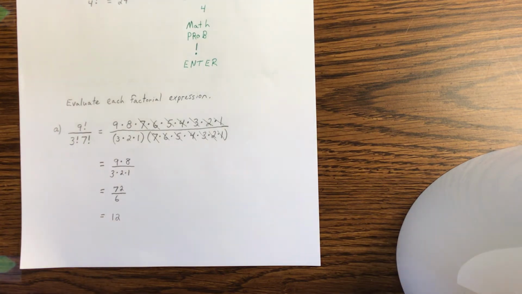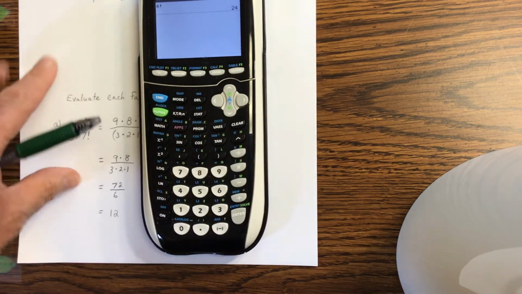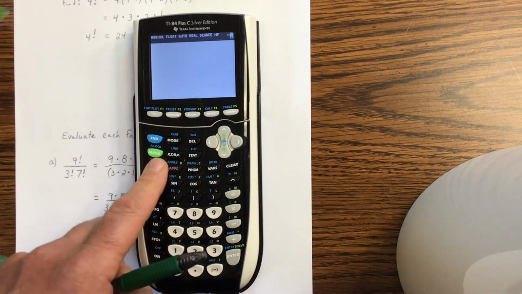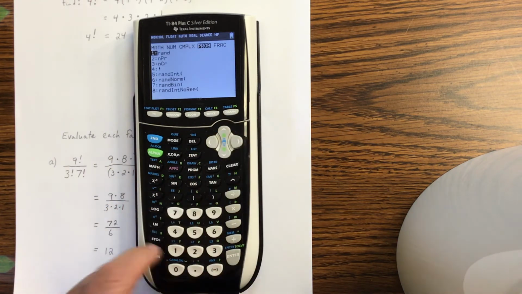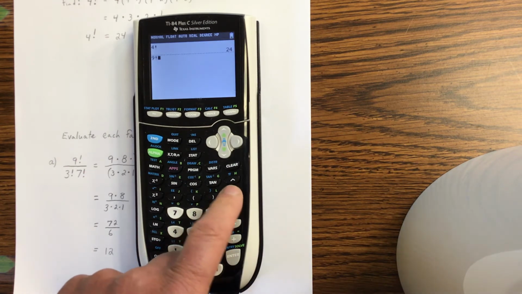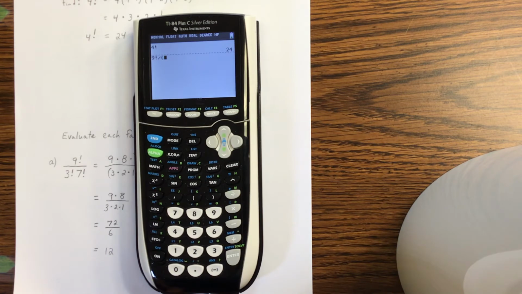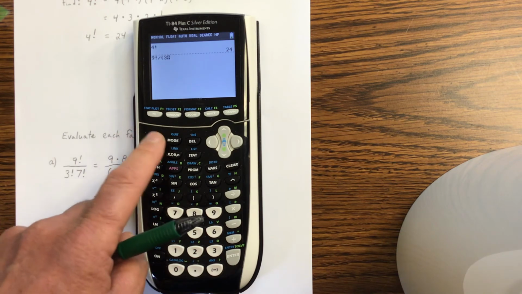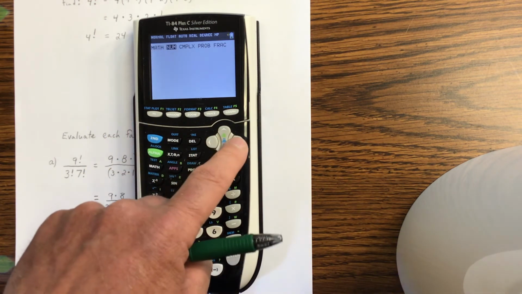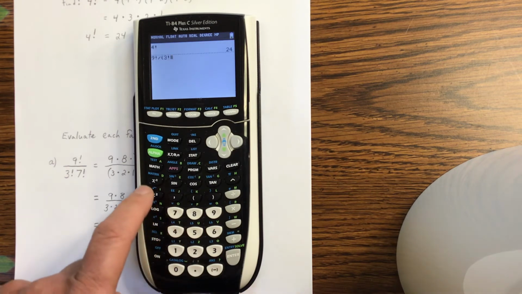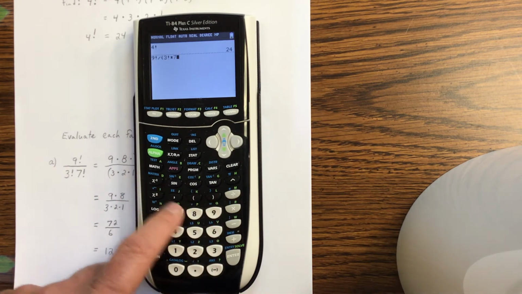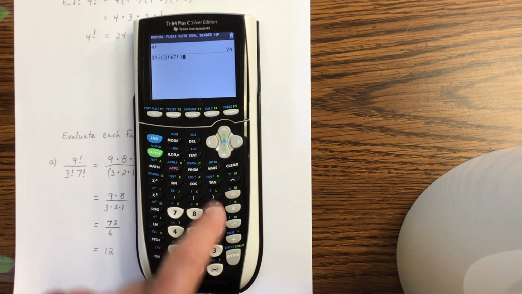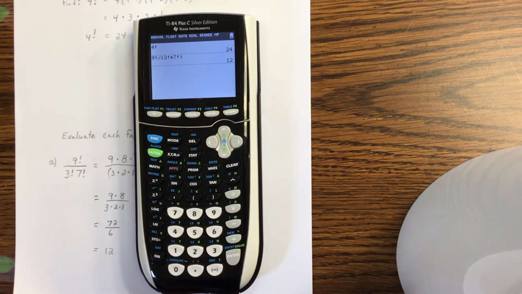Now you can do the same exact problem using your calculator. It's really simple. All right, so we'll go 9, math, prob, 4 for factorial, divided by, make sure you put parentheses around your denominator, 3, math, probability, factorial, times 7, math, probability, factorial, close it up with the parentheses, hit enter, and you also get 12.